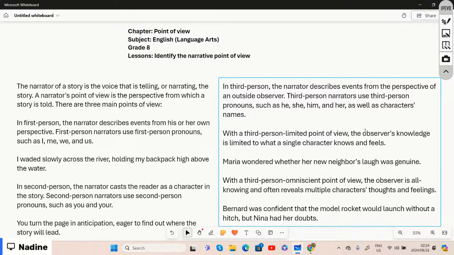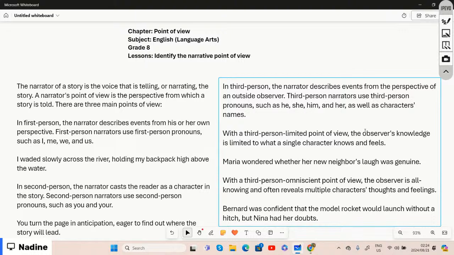Within the third person, usually the third person has a limited point of view. It is basically just you as a reader giving your knowledge on what the novel or the story is about, and then you give your point of view based on that, but on a limited basis. So your knowledge is very limited to what a single character knows and feels.